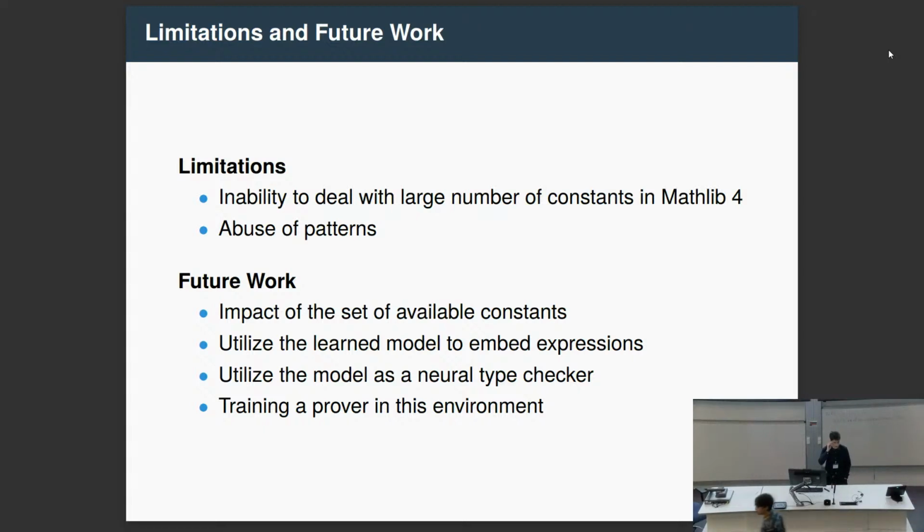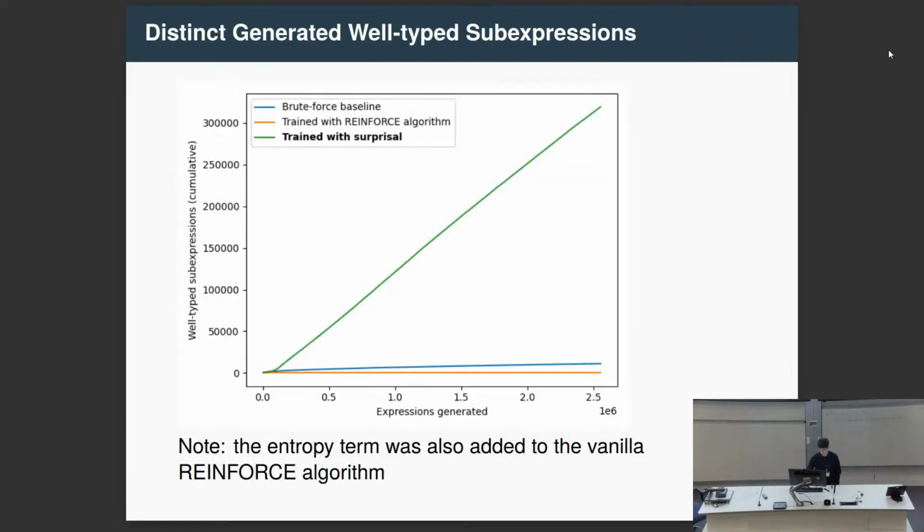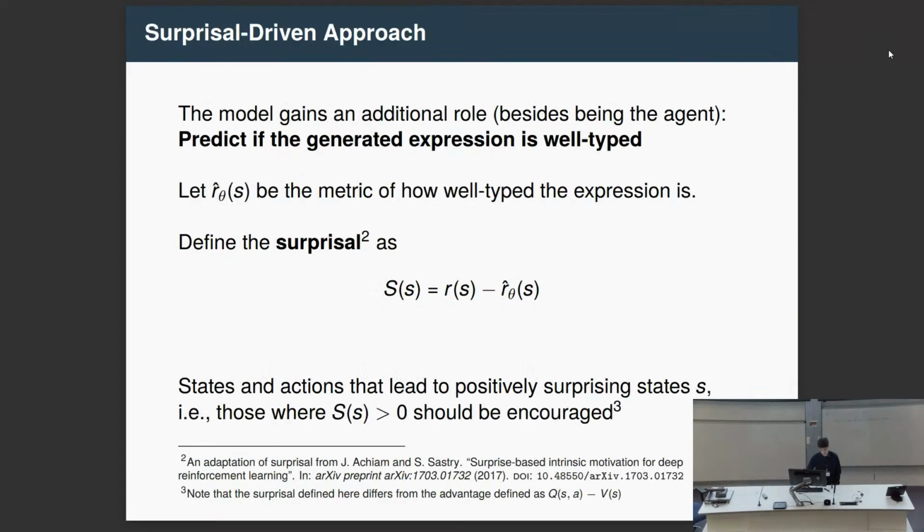So when you're training for surprisal, do you have a gradient pass-through to the type checker? Sorry, can you go to the surprisal slide? This slide? Yeah. So when you do gradient ascent on surprisal, do you have gradient pass-through to the theta in the type checker model?